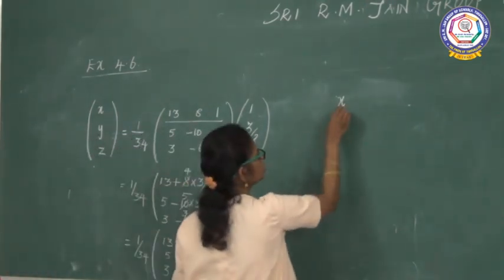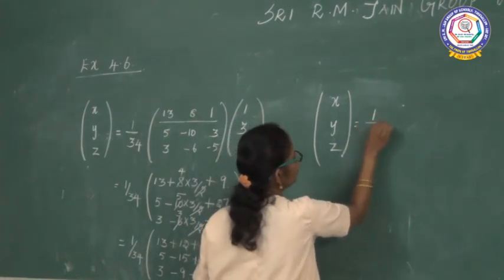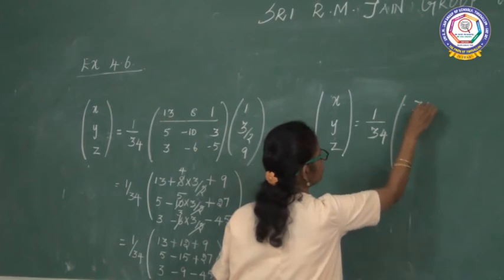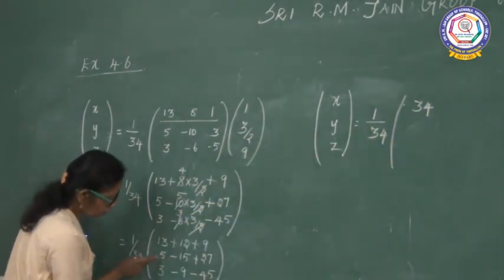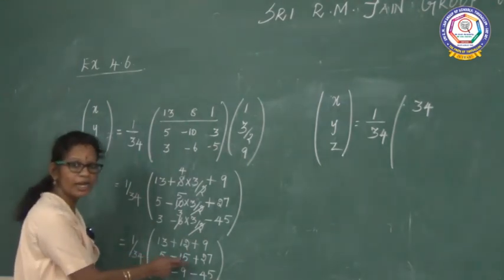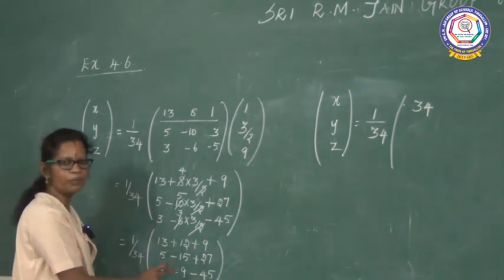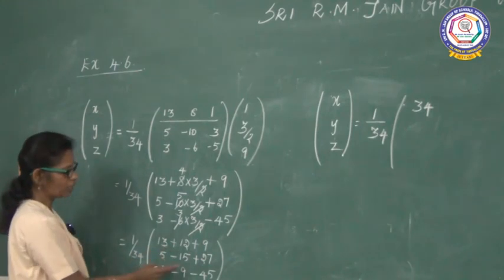So x, y, z equal to 1 by 34 into: first entry is 34. Next you see 5 minus 15, positive and negative, so do the subtraction and put the greater number's sign. So what do you get? Minus 10.